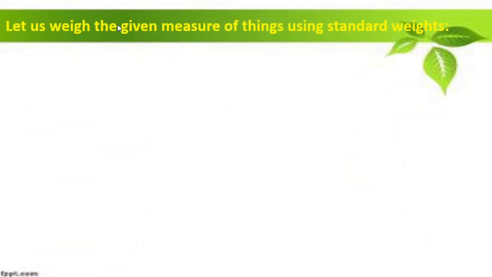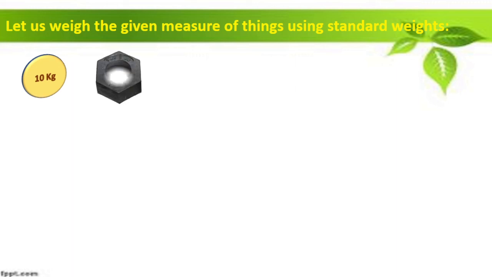Let us weigh the given measure of things using standard weights. Yes, here you can see 10 kg we have to weigh, and we have only 5 kg stones. Then how many times we have to weigh 5 kg? Yes, one time, two times. Correct.